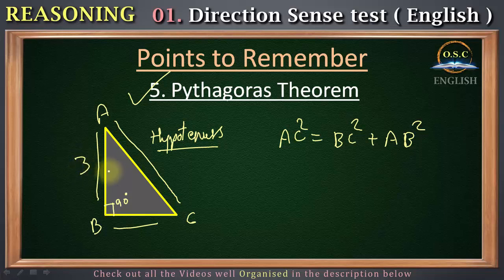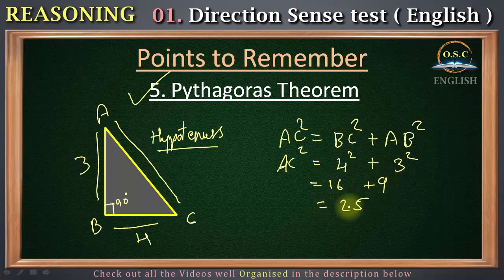Now consider that this is 3 units long, and this is 4 units long. If we have to find this, we don't know this. So x square, or I'll just call it AC square, is equal to, what is BC? BC is nothing but 4 square, plus, what is AB square? That is nothing but 3 square. That will make it 16 plus 9, which is equal to 25.